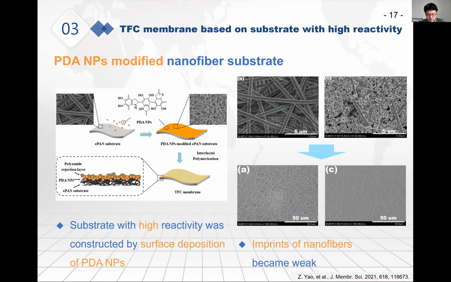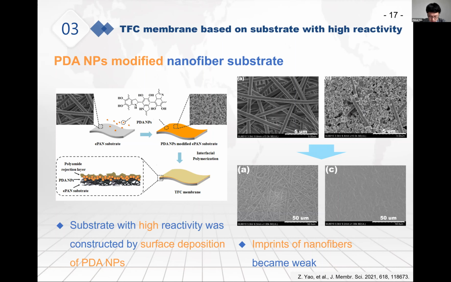To solve this problem, PDA nanoparticles were deposited on the surface of the nanofibers to form a reactable substrate with high reactivity.